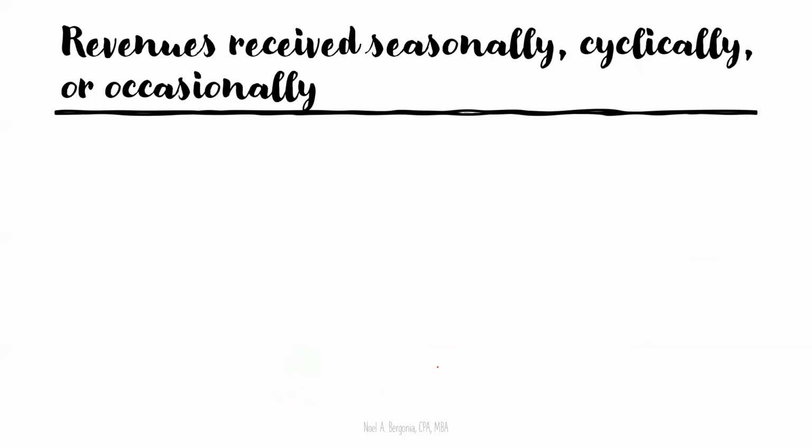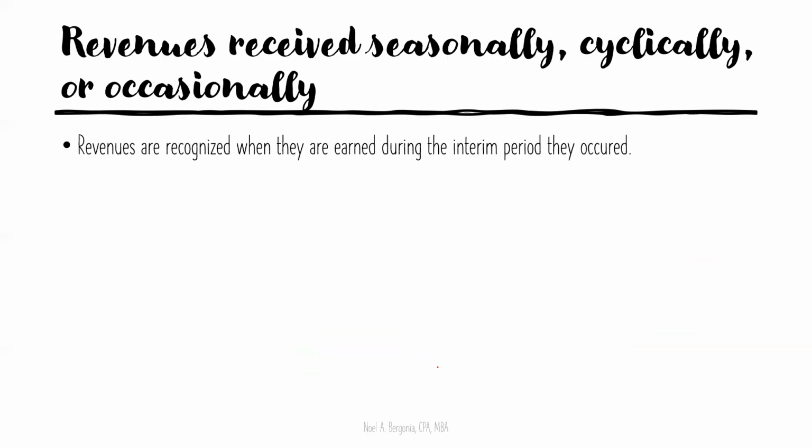So let's talk about the revenues received seasonally or cyclically or even occasionally, no, that we can consider in the interim reports. So take note guys that our revenues, okay, in accordance with the conceptual framework, accrual basis natin, di ba? So revenues should be recognized or reported once they are earned. Okay, so same as annual, no, that we will recognize or record it once they are earned during the interim periods where they occurred.